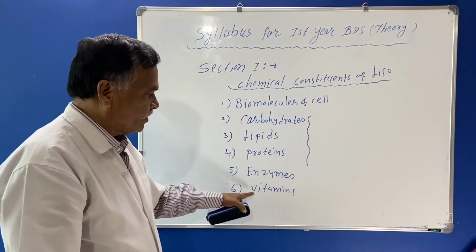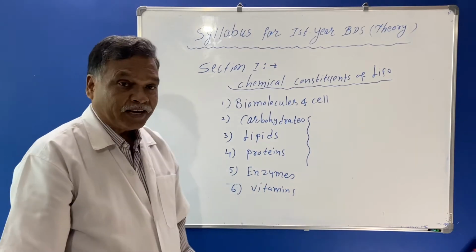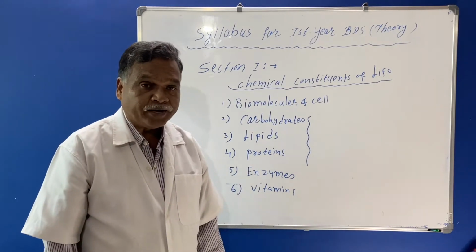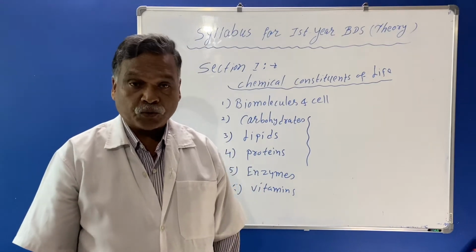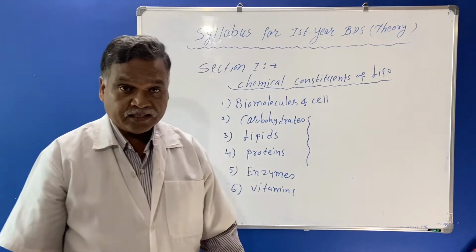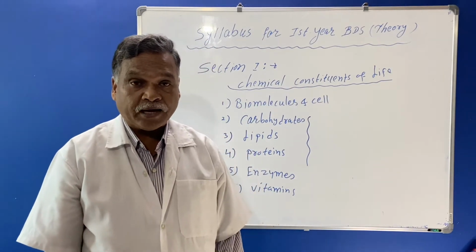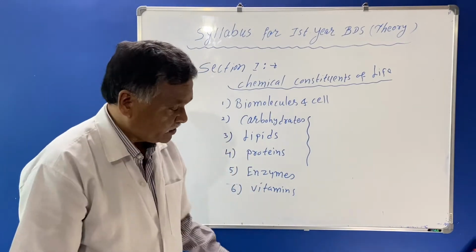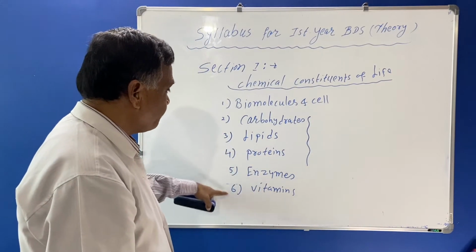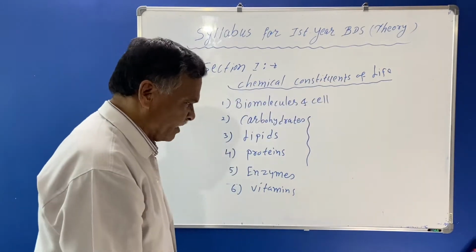Along with this, the vitamins are also present, and these are water soluble vitamins and fat soluble vitamins. You have to see the sources, RDA, that is recommended daily allowances, and the biomedical functions of different vitamins. These are the headings under chemical constituents of life.